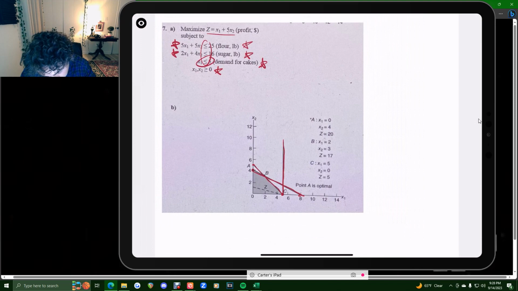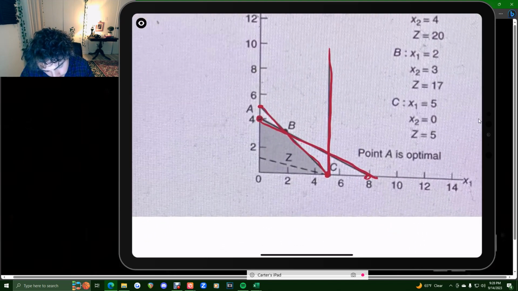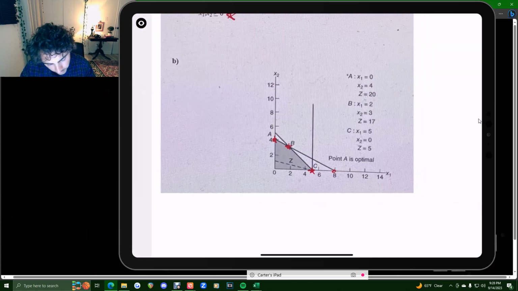Anyway, we get this shaded region here, and we pay attention to the intersection points. Where they say A here, they're talking about this point A, and then this is B, and then this is C. All these intersection points are the critical points that we want to test in our profit equation, and we are trying to maximize profit.